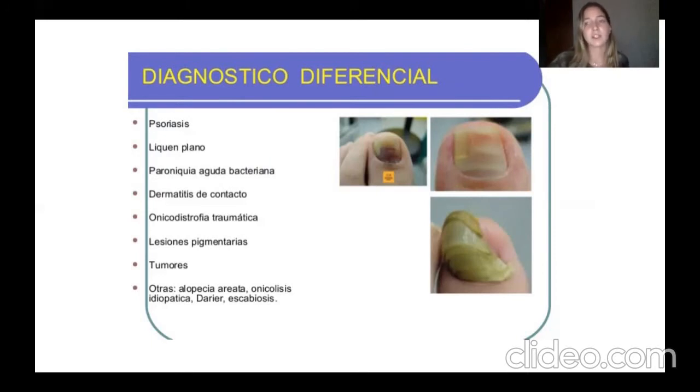Psoriasis, which presents with nail pitting, splinter hemorrhages, and yellow-gray or silvery white nails. Also footwear lesions and some tumors, such as Bowen's disease, fibroma, melanoma, and some other conditions like alopecia, onycholysis, diarrhea, and scabies.